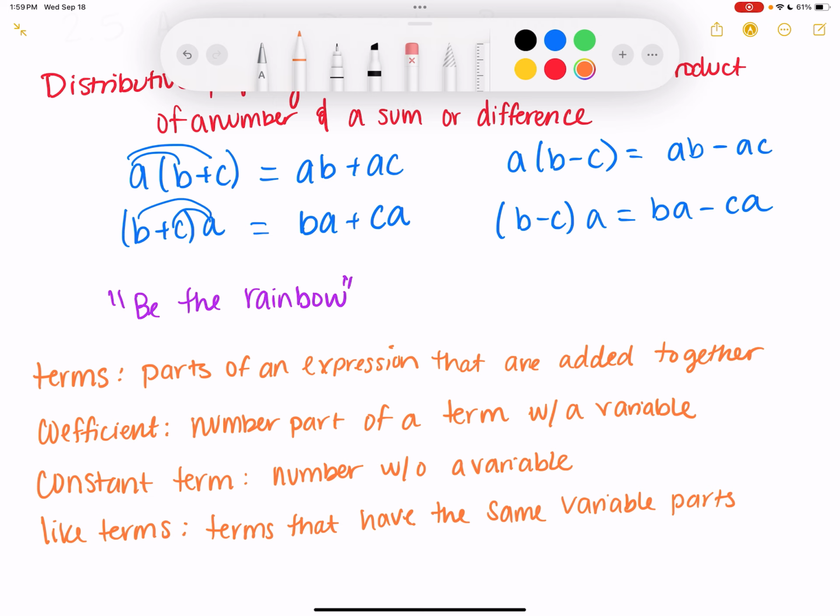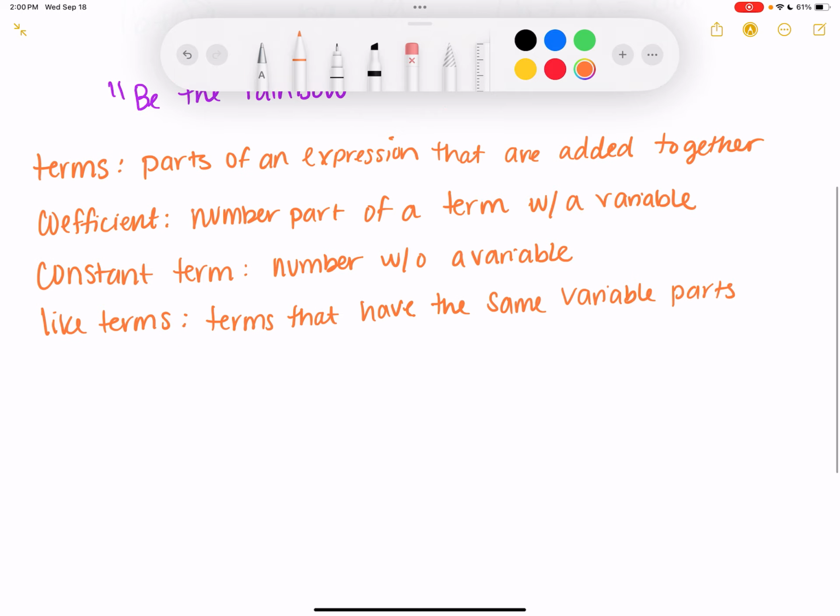Now with that, you can also have like terms that don't have variables at all. Like if we had two constant terms, those would be like terms as well. So they just technically have no variable. So let me see if I can give an example of this.